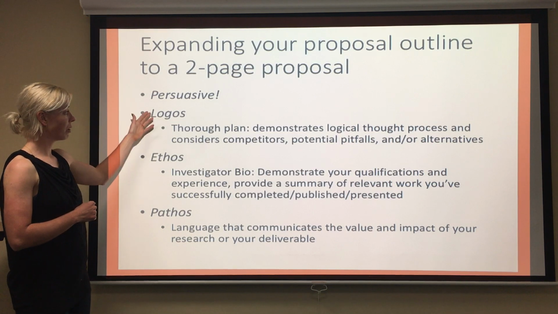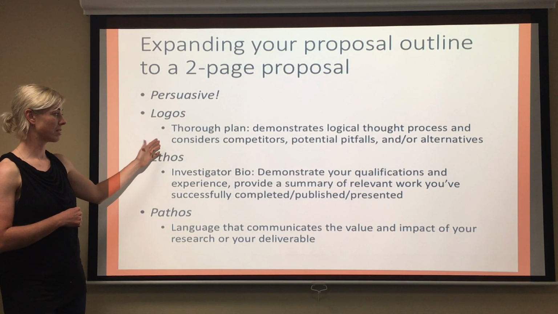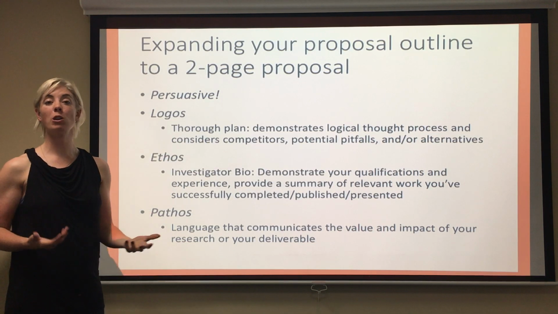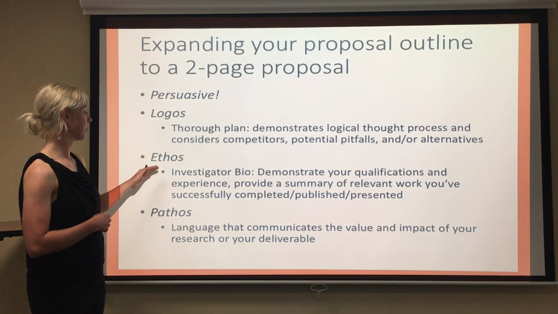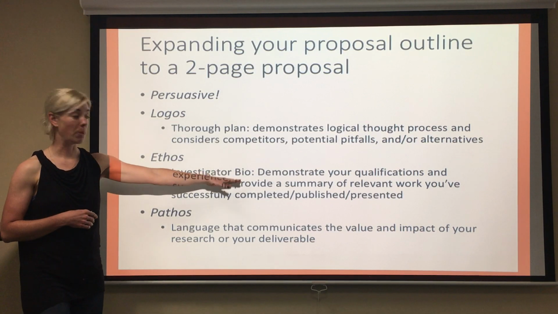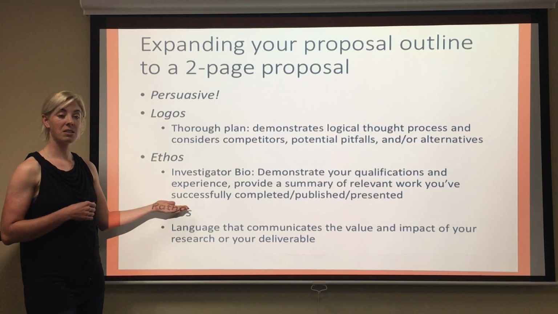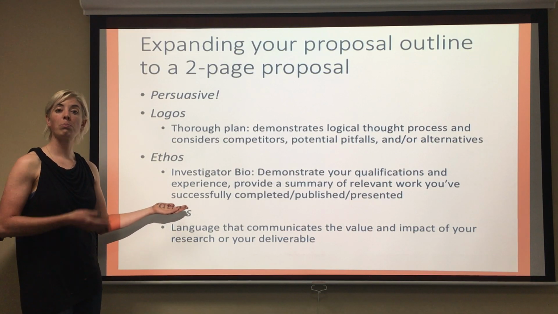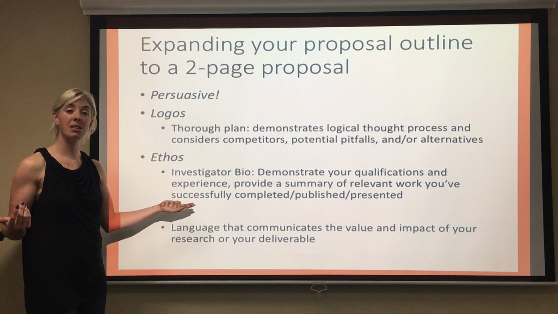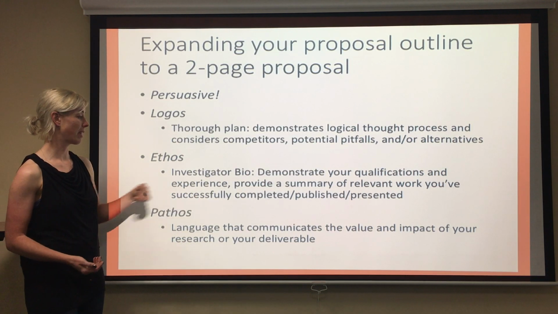So we're going to employ logos: our thorough plan, demonstrating a logical thought process, considering our competitors' potential pitfalls and alternatives. Establishing ethos: outlining your bio, demonstrating your qualifications, maybe making a list of other publications that your group has presented, or if you've presented a poster at a conference, things like that.